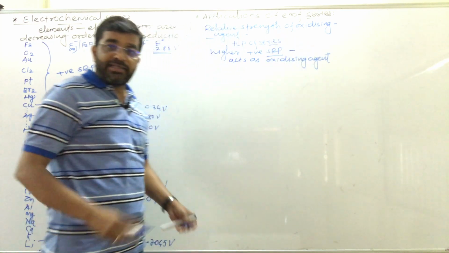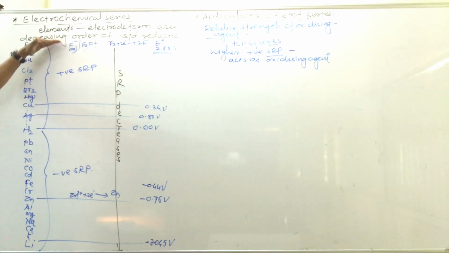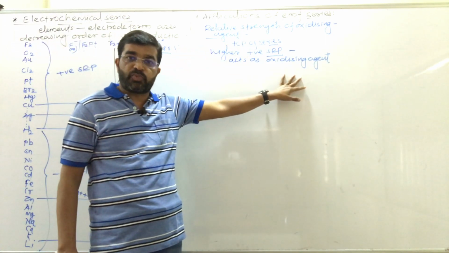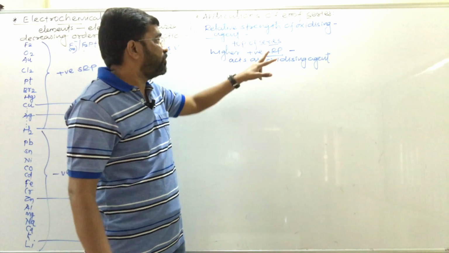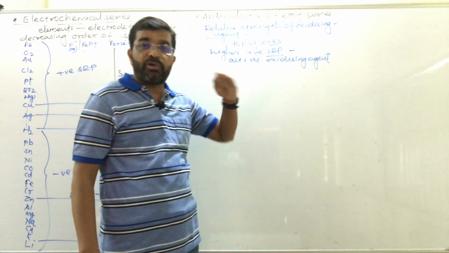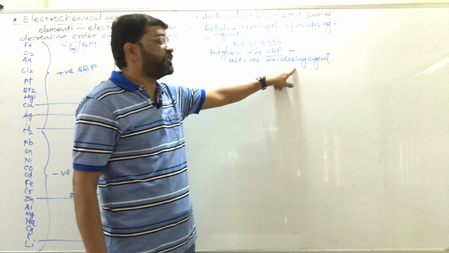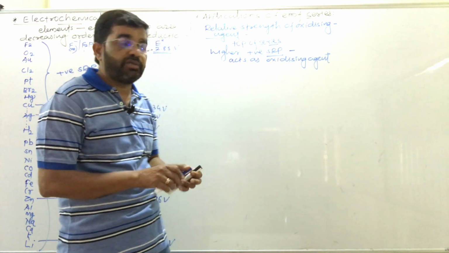So don't forget that elements which are placed above hydrogen, at the top of this series, have higher or highest positive standard reduction potential value, and therefore they have a tendency to undergo reduction, and therefore they act as oxidizing agents.